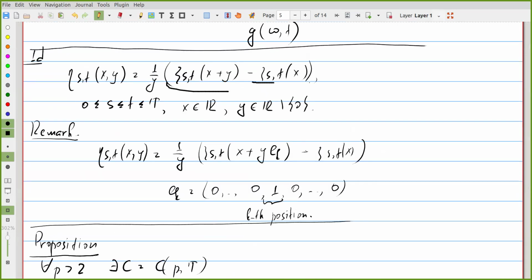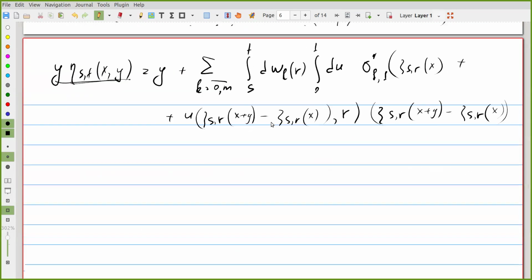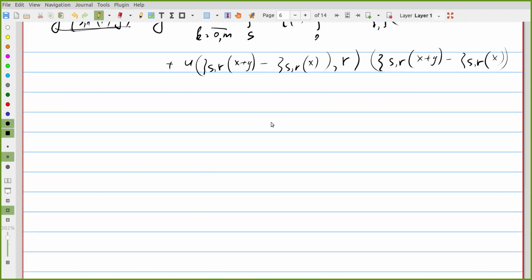This minus this. So we consider only the case where we do not have drift and m is equal to 1. So it's only the stochastic integral, because as I said, dealing with the Lebesgue integral is typically easier.